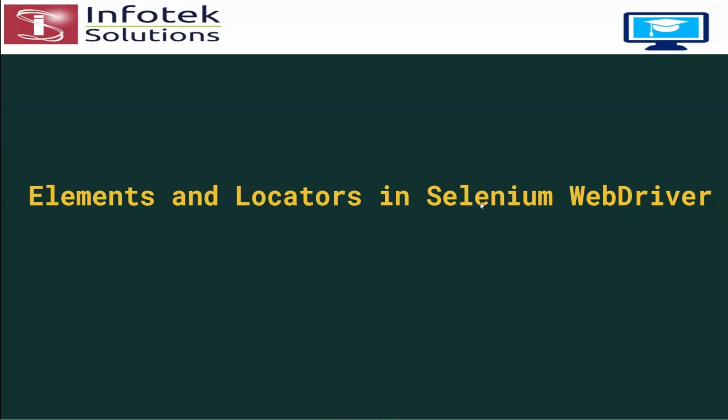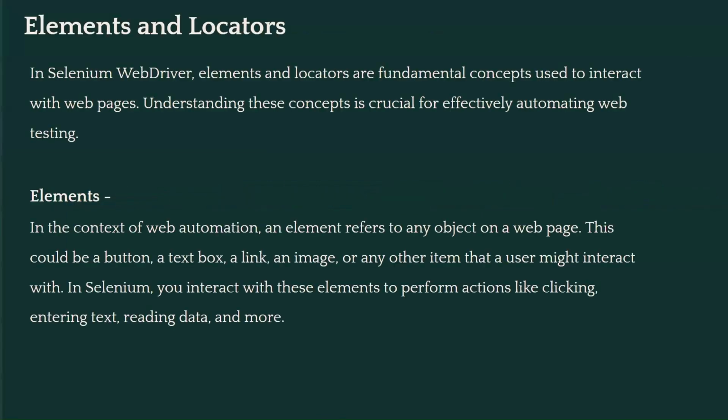So it's very important to know about these things, like elements and locators. It's the most important and key part of Selenium. So let's go through it one by one. First, in Selenium WebDriver, elements and locators are fundamental concepts used to interact with web pages. Basically, based on these, we interact with the web pages.